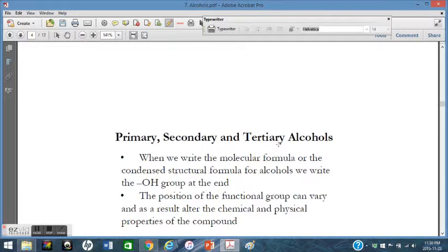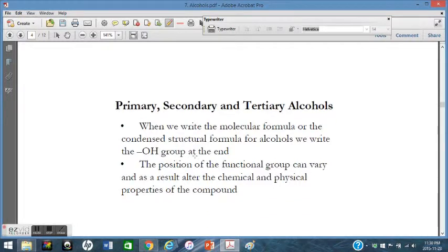Okay. Now, we do have to distinguish, and this is one thing that the curriculum gets to and then kind of just leaves there. We have to talk about primary, secondary, and tertiary. What we're talking about with these is basically how many carbons are attached to the carbon that the hydroxyl group is attached to.